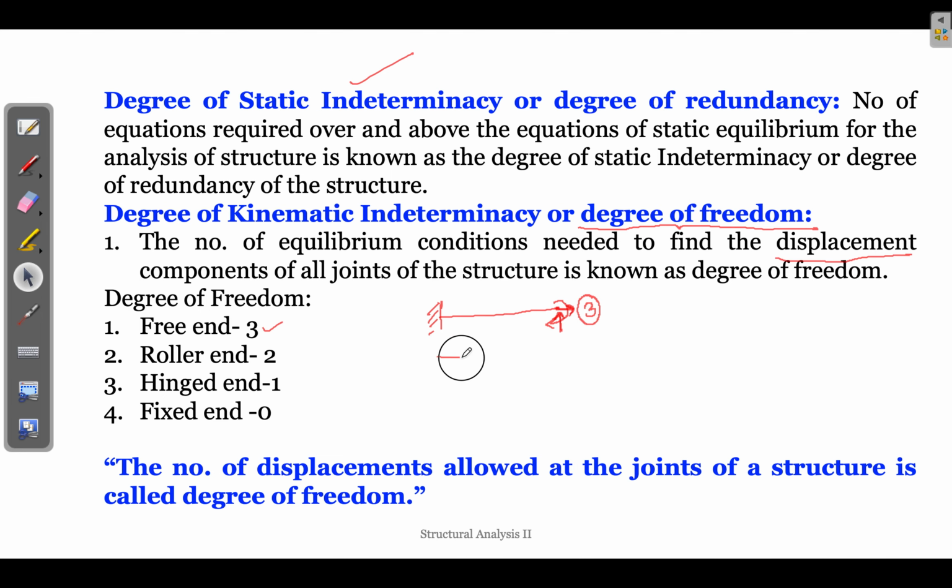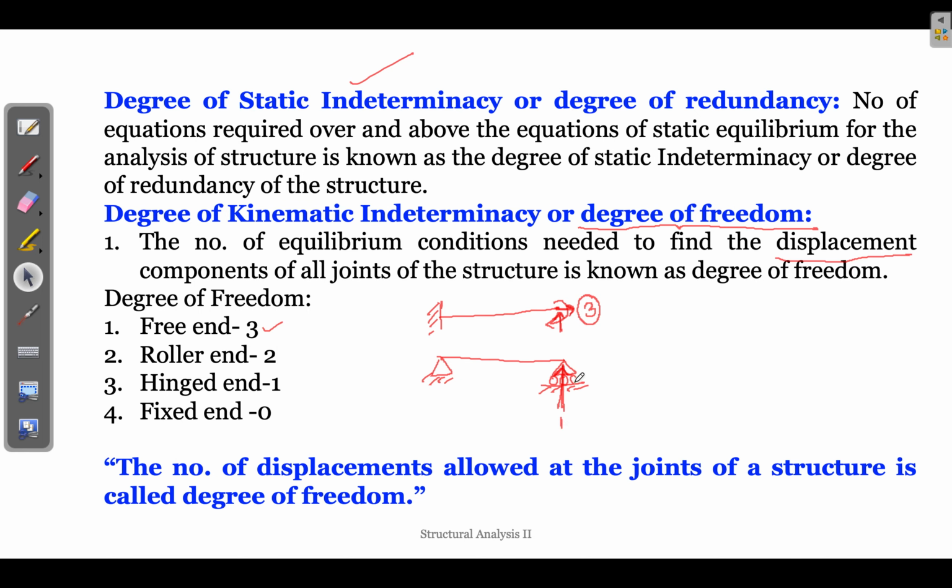Now let us consider another example, a simply supported beam. Here we have a roller support. We know that a roller support carries 1 reaction; it is capable of resisting load in the vertical direction. That is its capacity, so don't see it as a kinematic indeterminacy.